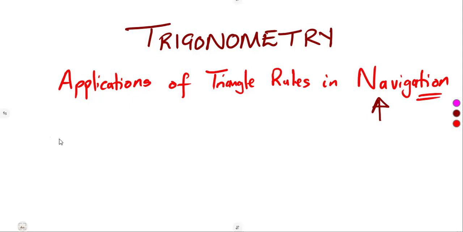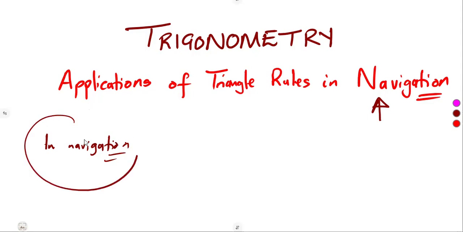So basically in navigation, when we deal with the navigation concept, we consider a bearing being taken from a certain point. That is, a bearing is in the direction from one object to another.